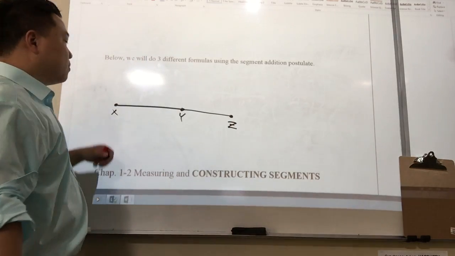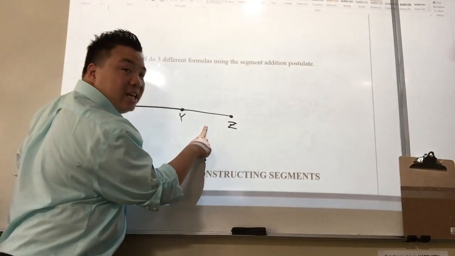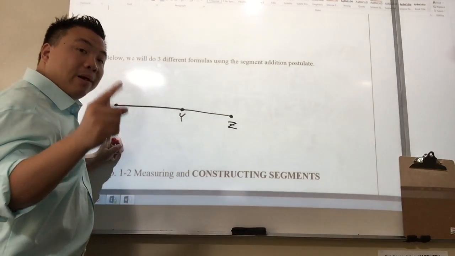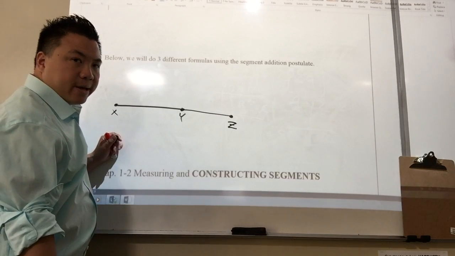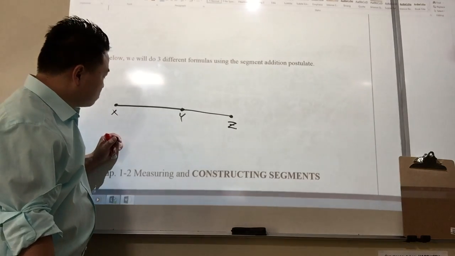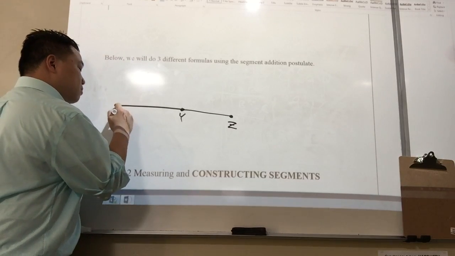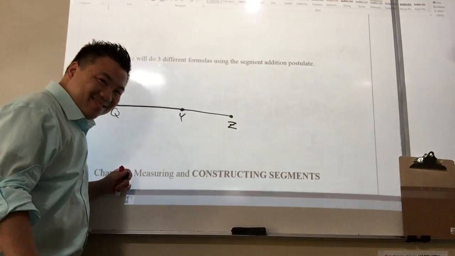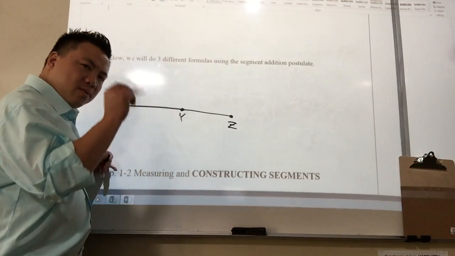I'm going to give you X and Y. I'm going to give you Y and Z. But you get to find out what the variable equals. Maybe I shouldn't use X. Let's call that Q. Q, Y, Z. Just cross it out and rewrite it, okay?